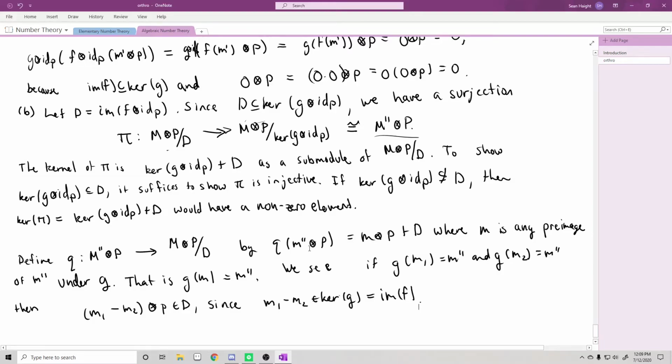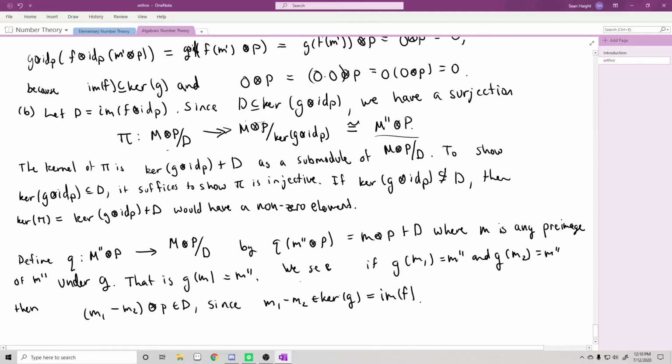You also need to check that Q can actually be defined using the universal property, that this map actually is bilinear when you consider it as a map out of the Cartesian product. And the last thing you'd need to check is that this actually does define an inverse to our map pi, or I guess our map pi after this isomorphism.